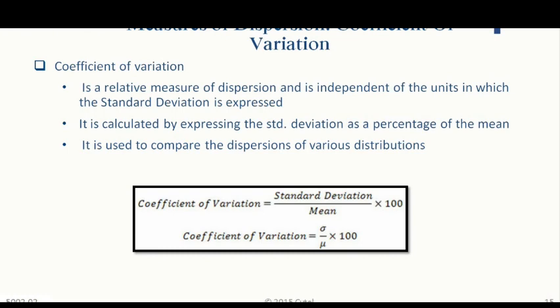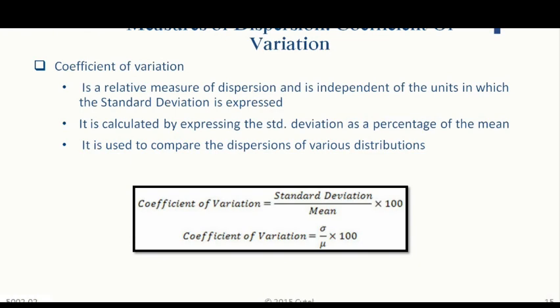So, for example, the standard deviation for height could be 5 centimeter and standard deviation for weights could be 2.3 kg. How to compare these two? Whether the variation in height is more than the variation in weight or otherwise. These numbers cannot be compared because they are carrying their own units with them.